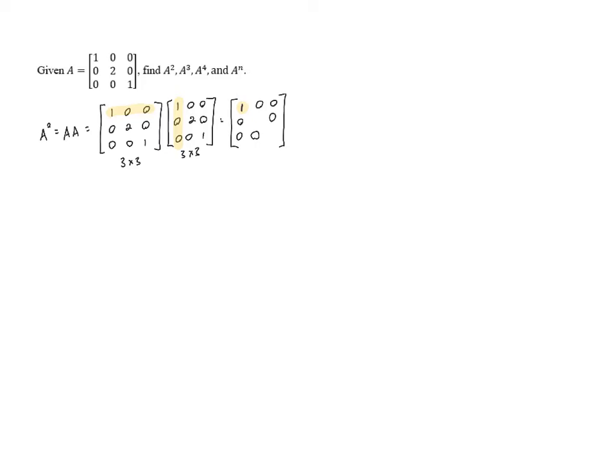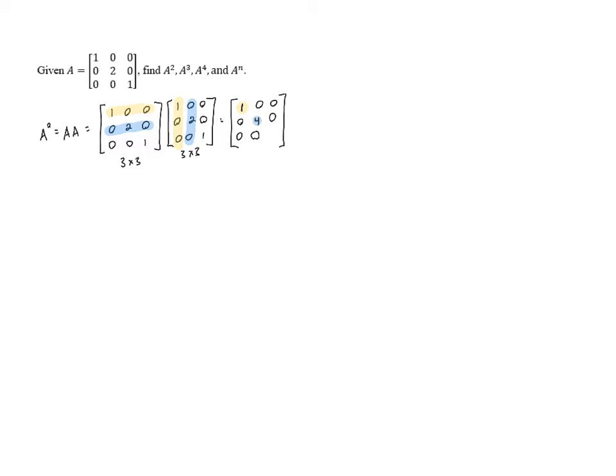Next, we want to find the middle term, so we take the inner product of the second row and the second column. When we do that, we've got 0 times 0, 2 times 2, and 0 times 0. The only non-zero product in there is 2 times 2, which is 4.